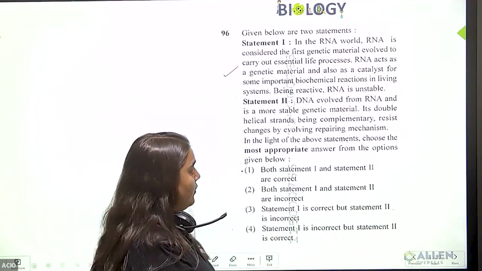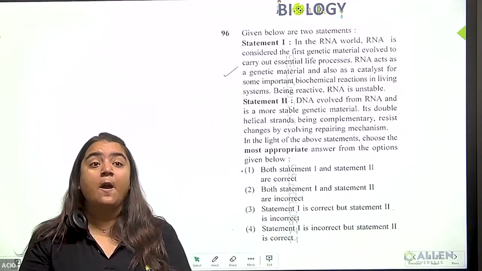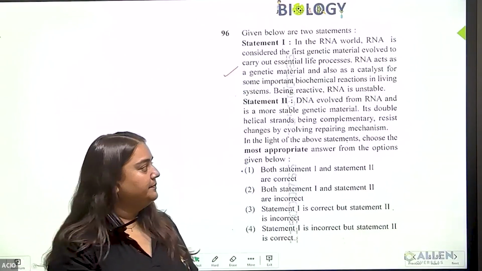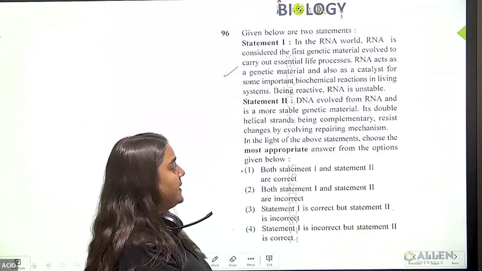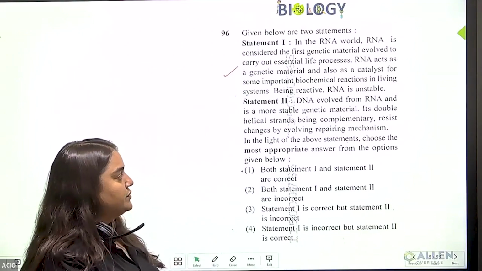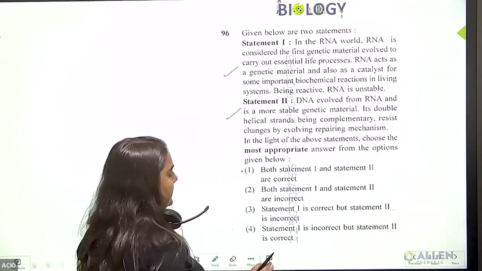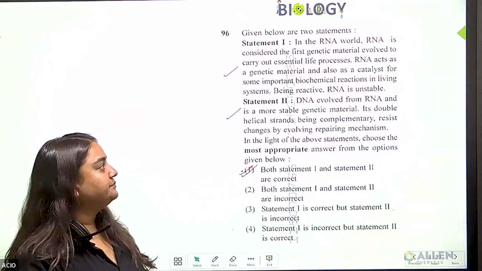Statement 2: DNA evolved from RNA and is more stable. Yes, DNA evolved from RNA and is chemically more stable and less reactive. It is a double helical strand, being complementary, and resists changes by evolving repair mechanisms. When I read both statements, it's completely okay. So both statement 1 and 2 are correct.